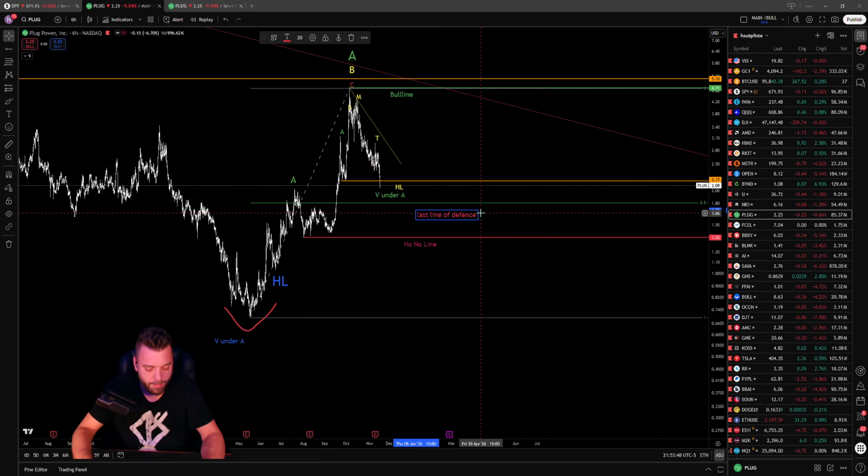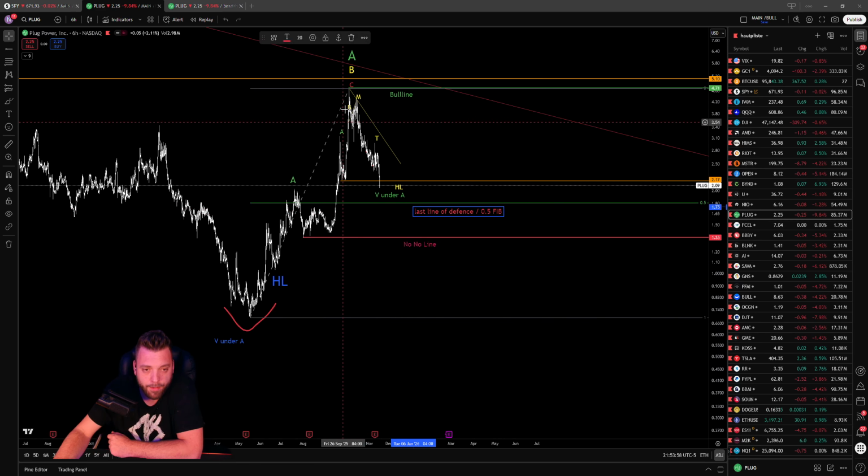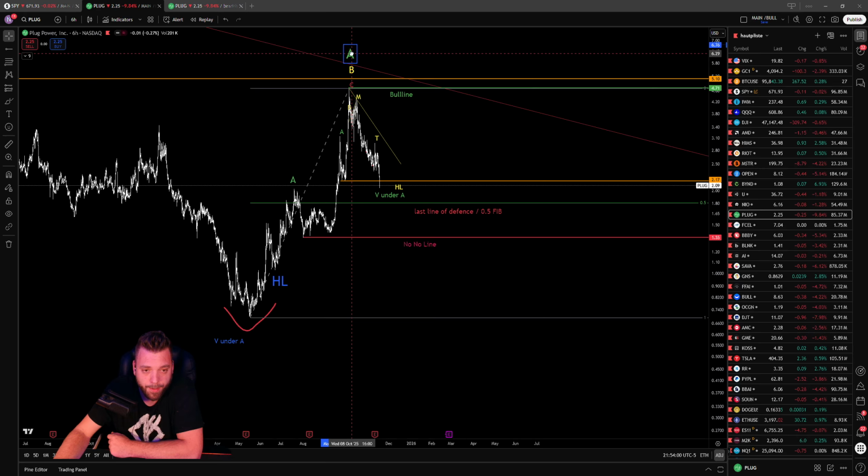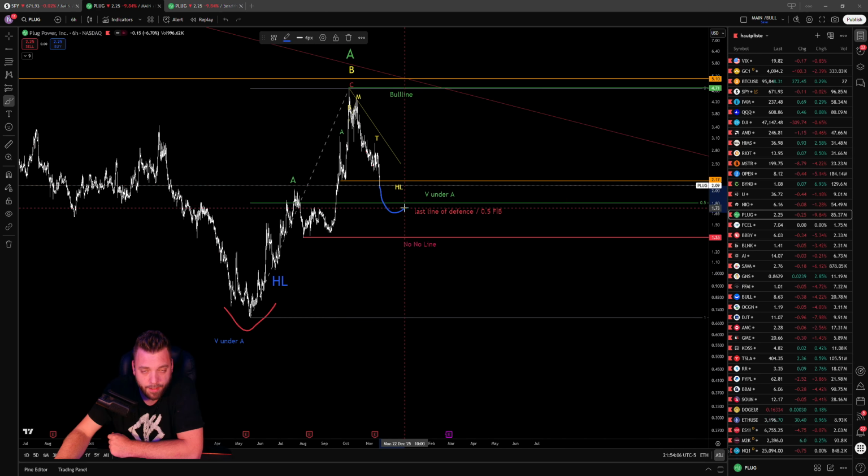So this here. But this is only working if this was already your A peak. Otherwise, this line isn't existing. So if you're falling under it, this is your last chance. Higher low, and then you go.